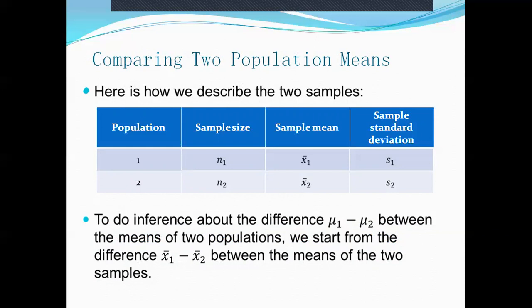To do inference about the difference, which is mu1 minus mu2, between the means of two populations, we start from the difference x bar 1 minus x bar 2, the x bar of sample 1 minus the x bar of sample 2, between the means of the two samples.